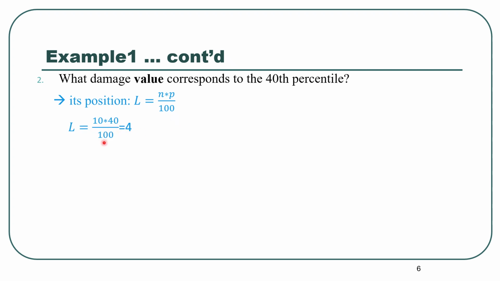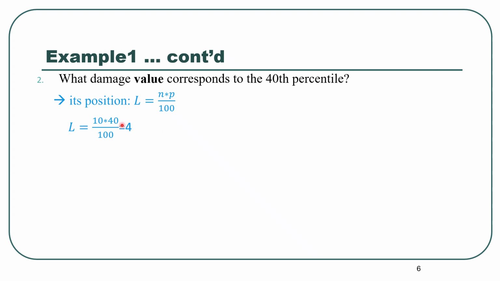So 10 times 40 over 100 is location 4. But if the location is a whole number, then the percentile is the average of the values in the 4th and the following position, so the 4th and the 5th.